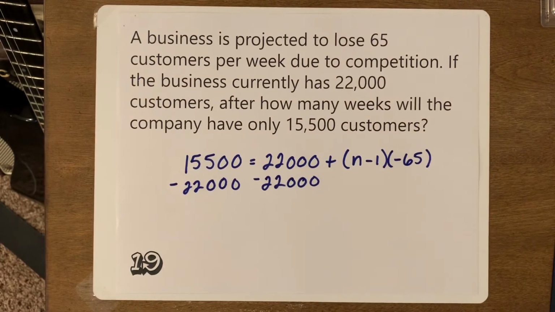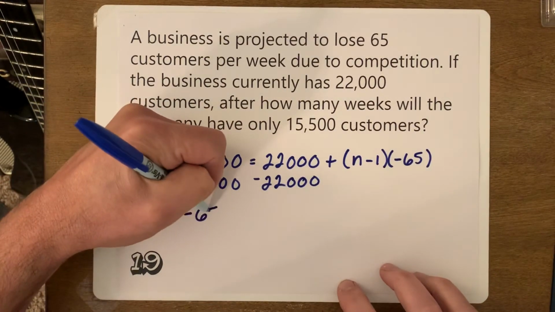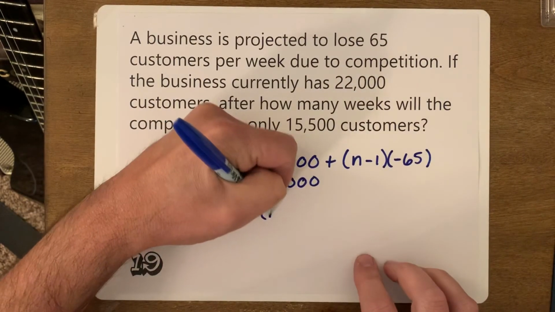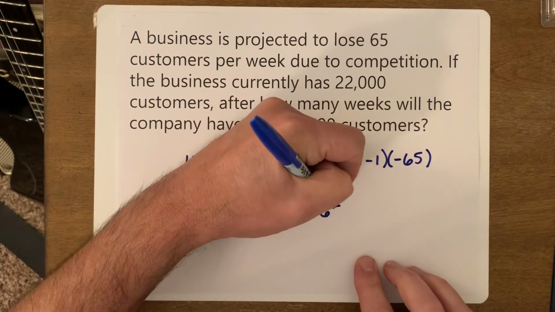Okay, so 15,500 minus 22,000 is going to give us negative 6,500. That's equal to all of this, n minus 1 times negative 65.